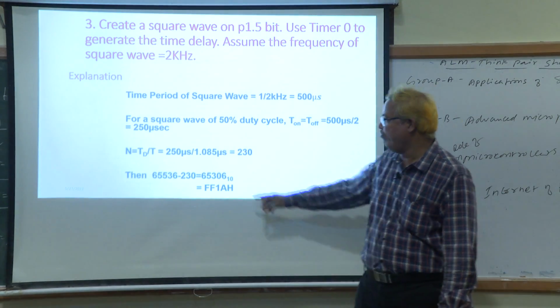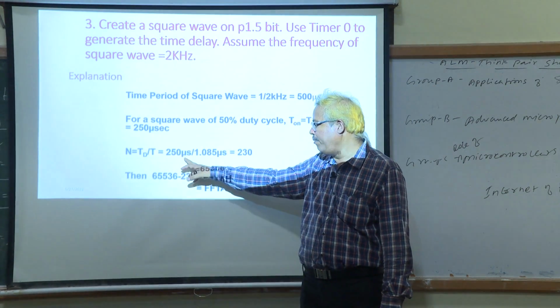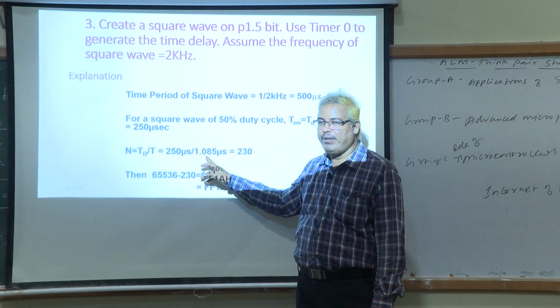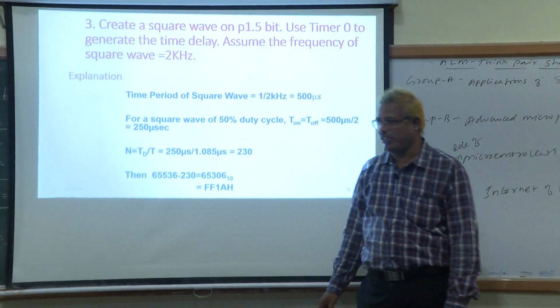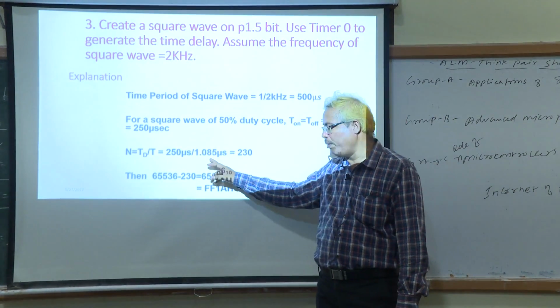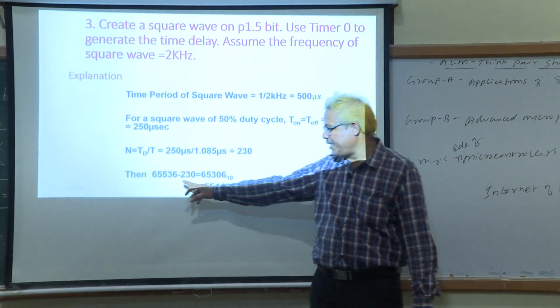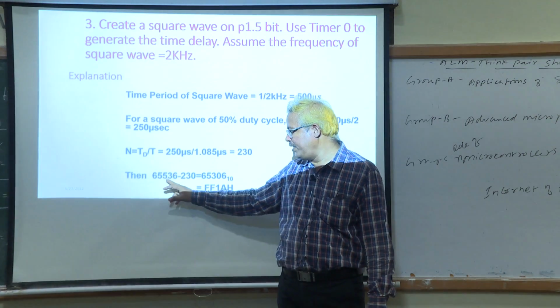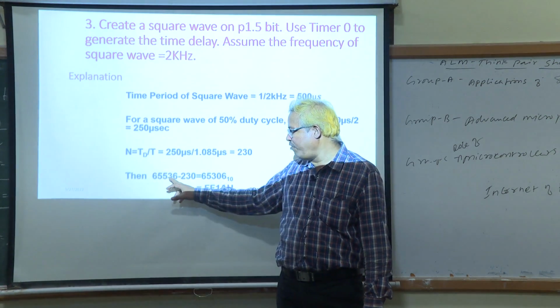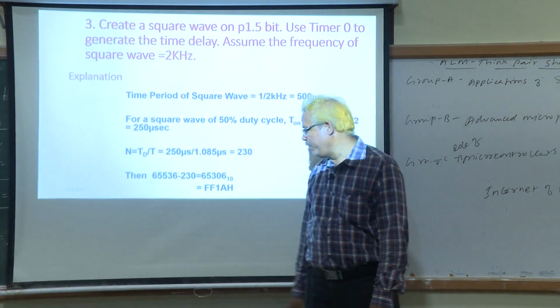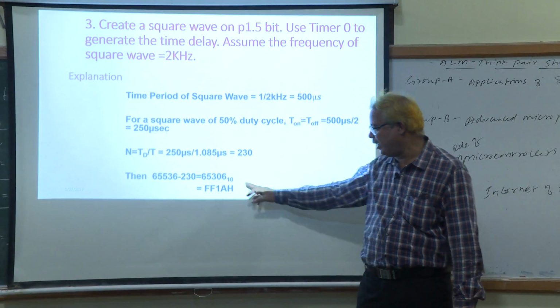In order to create a 250 microsecond delay, we divide 250 microseconds by the step delay, which is 1.085 microseconds, which is equal to 230. So the maximum 16-bit value 65536 minus 230 is going to be 65306 in base 10.